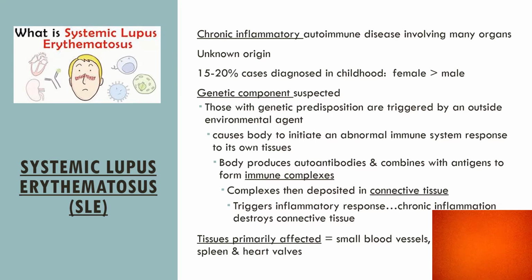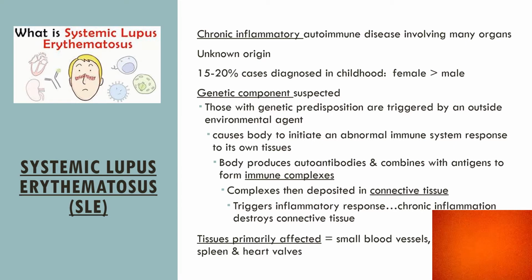In the process of doing that, the body produces autoantibodies, and those autoantibodies combine with the antigens to form these immune complexes. And it's these immune complexes that create a lot of the problem in patients because they deposit themselves in various different types of connective tissue.